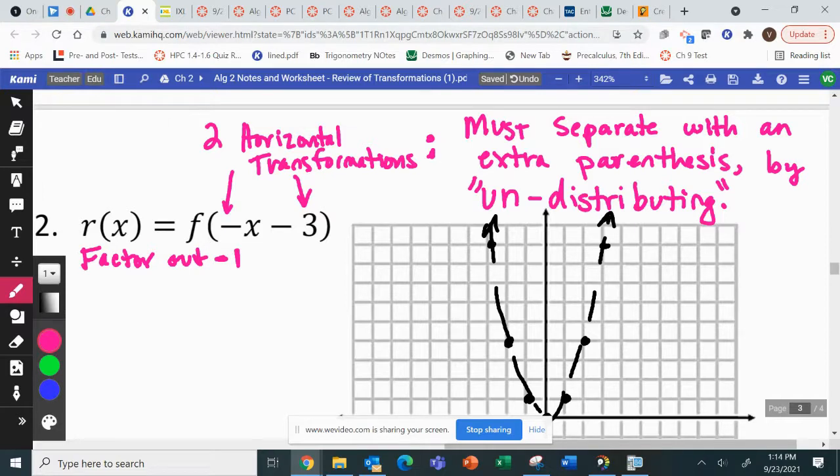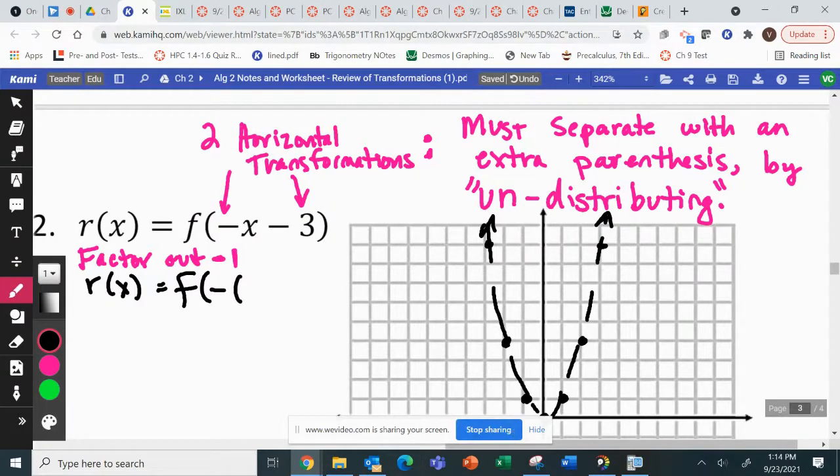So my R of x should really look like R of x equals -1 times an extra parenthesis. So if I take out the negative from the -x, I have x left over. If I take out the negative from -3, what do I got? +3. Then I have 2 parentheses.